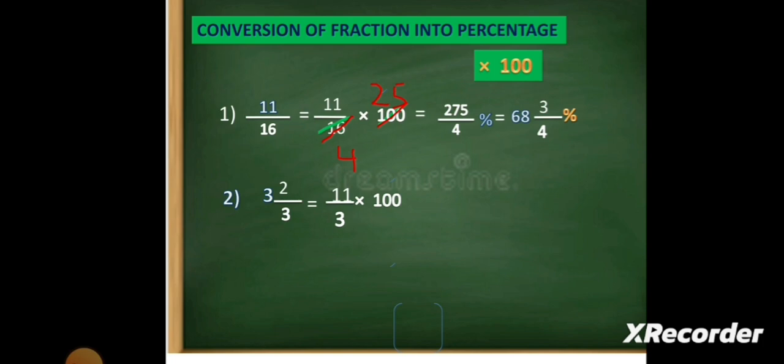Here there is no common factor, so we'll write it as 11 hundreds are 1100 upon 3 percent. And now we will convert this improper fraction into mixed fraction. By converting, we will get it as 366 2 upon 3 percent.